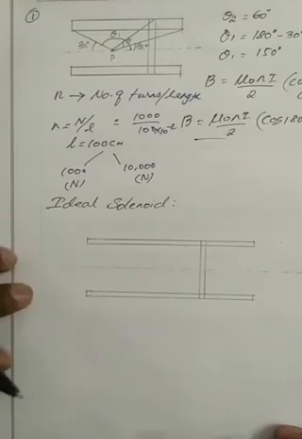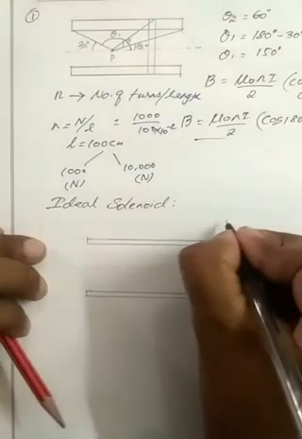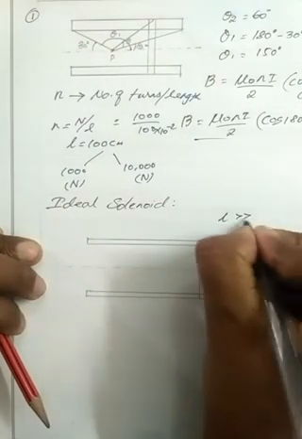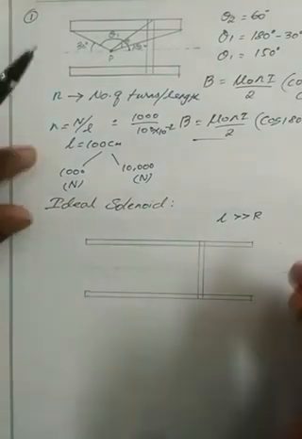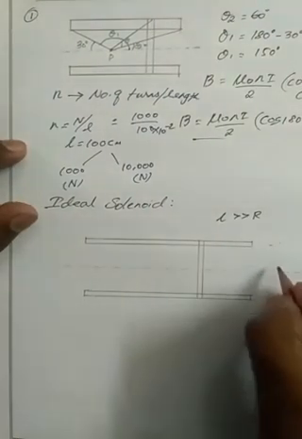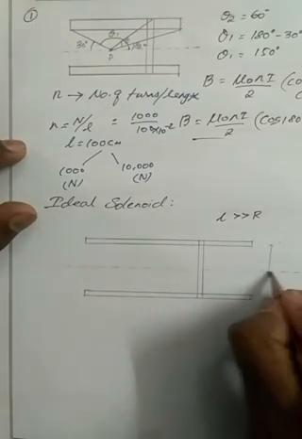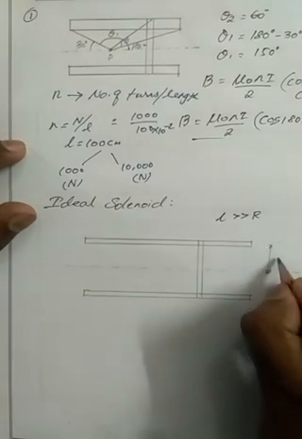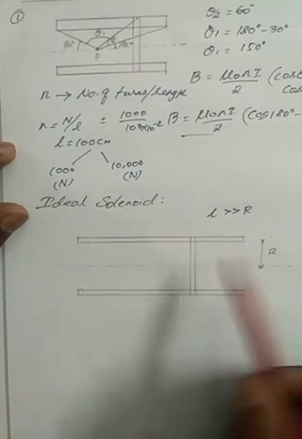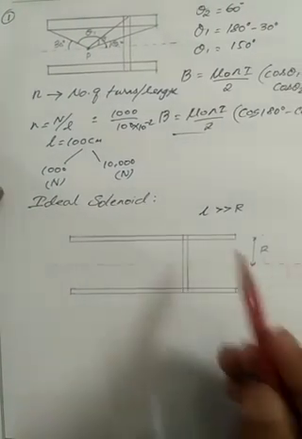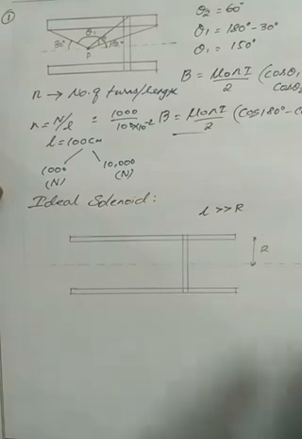So we can take our length of the solenoid very much greater than the radius of the solenoid, right? So this is our radius, okay. So this is our radius, then our length will be infinite. So I can say my length of the solenoid will be very much greater than the radius of the solenoid.